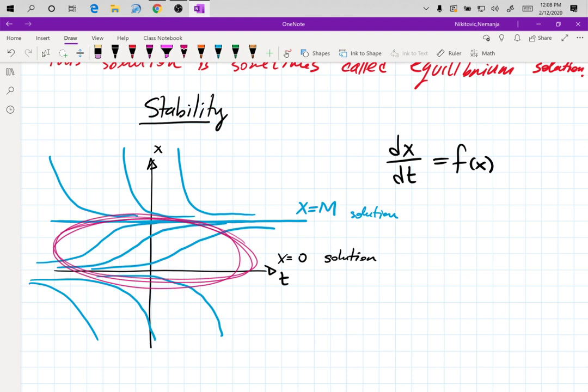But the population cannot go past the value m, which is the solution. And the other solutions we don't consider. We can talk about them, but we don't consider. First of all, these are all negative population. So we don't even look at those.